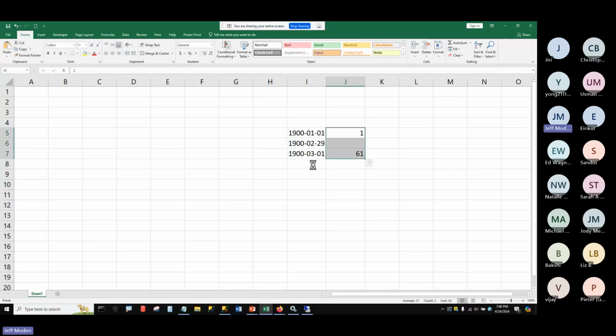I'm just going to get rid of these. These all came out as actual dates. Excel didn't bark at these. It took this as a date. And so if we say, let's copy these dates over to here.